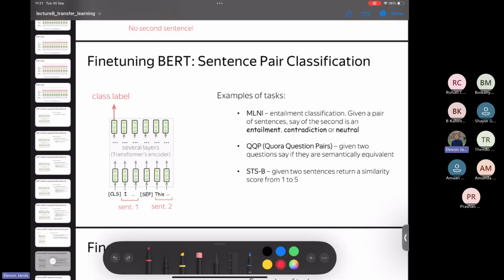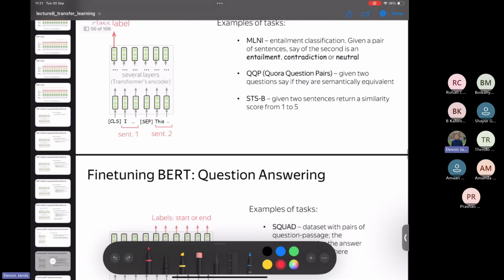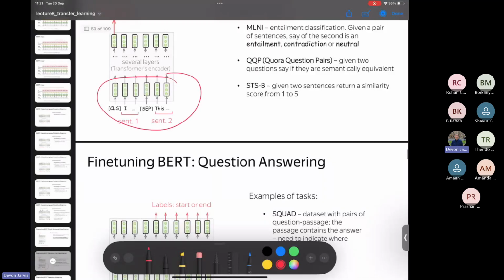All right. You can do Quora question pairs. So given two questions, say whether or not they are semantically equivalent. And then there's the last task, which says given two sentences, return a similarity score from 1 to 5. All of them can be done from the general classification token. Why? Because that general classification token was already trained to be useful and represent the entire representation of our sentence. Right? And because we've already trained our embeddings to understand the distinction between two sentences, because it has the separator token over here.